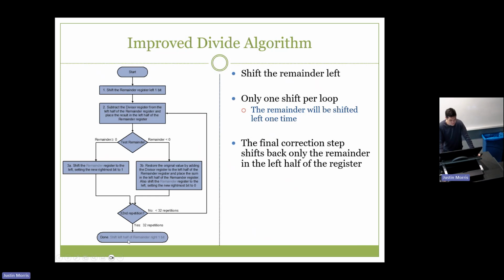And one thing that you have to do, since we are shifting first now instead of just subtracting, is shift the left half of the remainder register to the right by 1 bit to do this correction and get the correct remainder. Because otherwise you have shifted it to the left 1 too many.